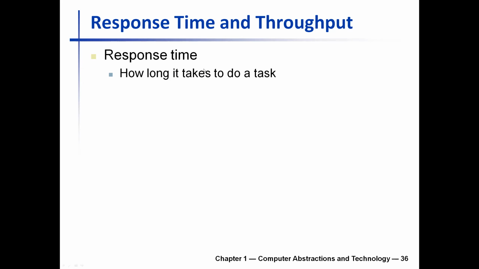So response time is a definition of performance that we can apply at different levels and scales. However it is, it's a measure of how much time it takes to complete a task, right?